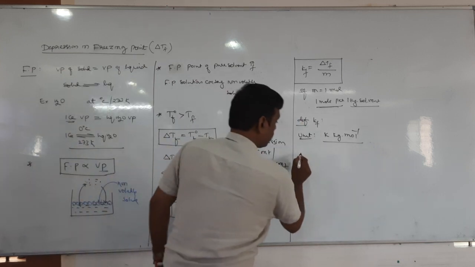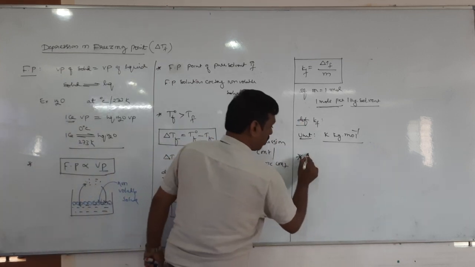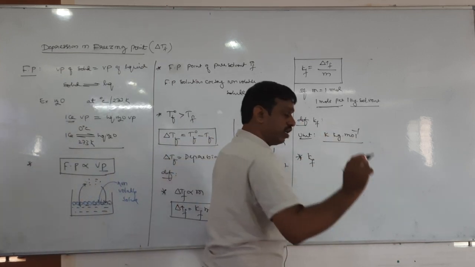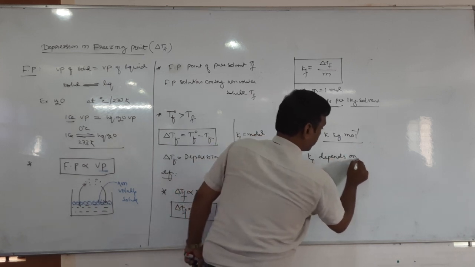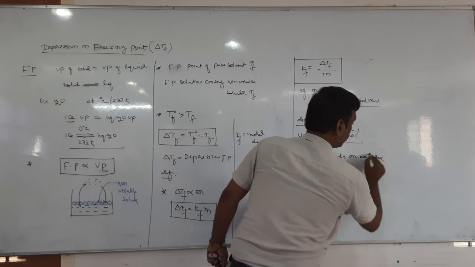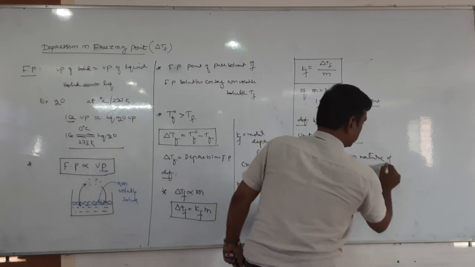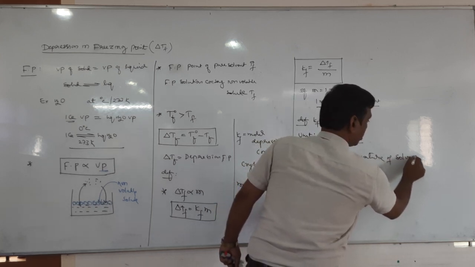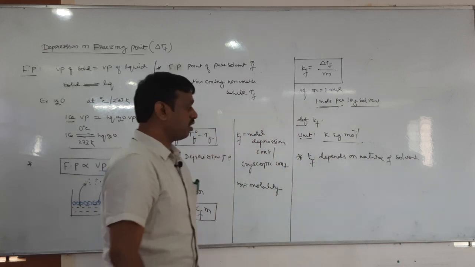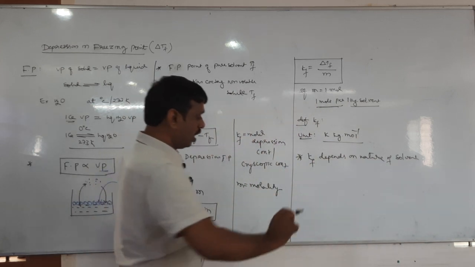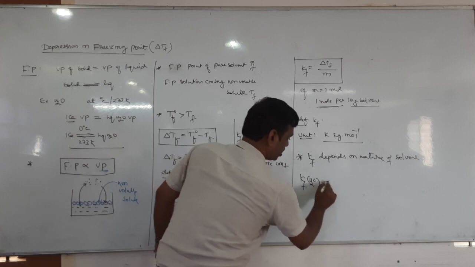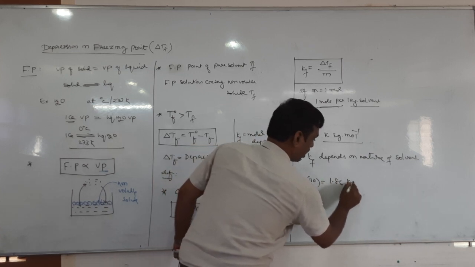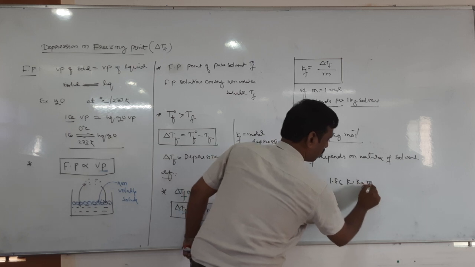Next, similar to Kb, Kf also depends only on the nature of the solvent, but not on the solute and solution. So different solvents will have different Kf values, and you must remember the Kf value of water. It is 1.86 Kelvin kg per mole.